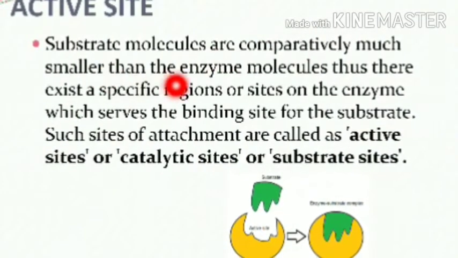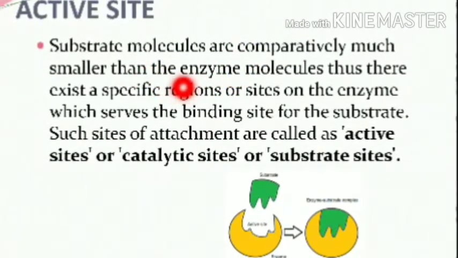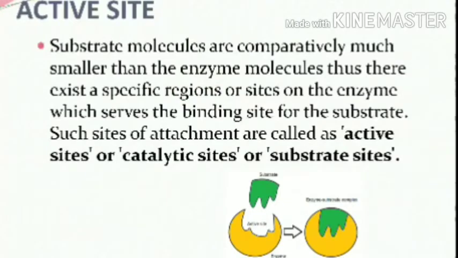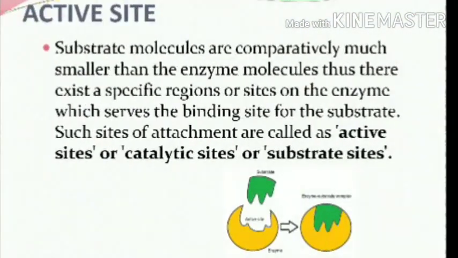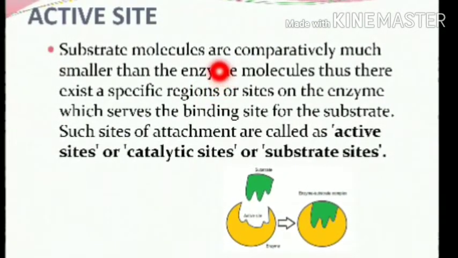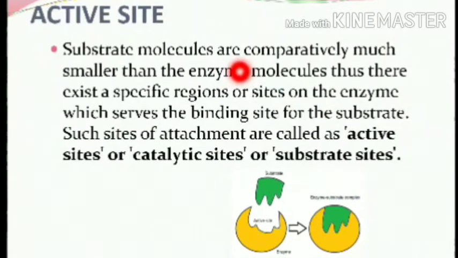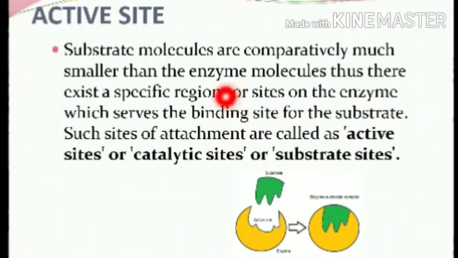Active sites of enzyme. This is the first point in this video. Actually, what are the active sites? These are the sites that are present on the enzyme. The enzyme molecule is much larger than the substrate molecule. That's why there is a smaller restricted place which is involved in the substrate binding.